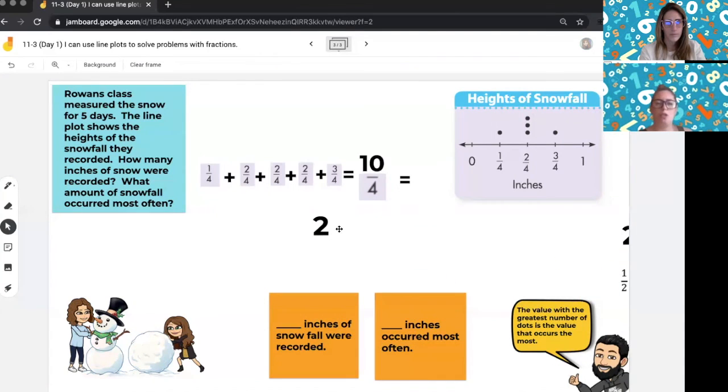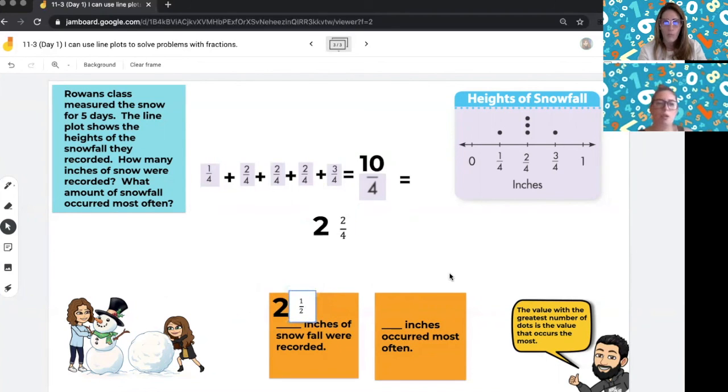So 2 2/4, which is also the same as 2 1/2. So that's going to be our final answer, 2 1/2. 2 1/2 inches of snowfall were recorded. Correct.